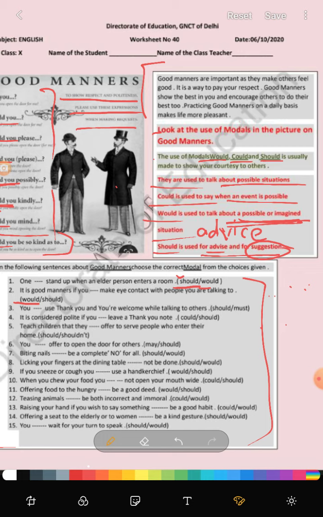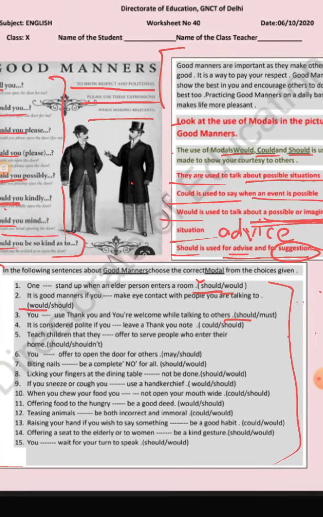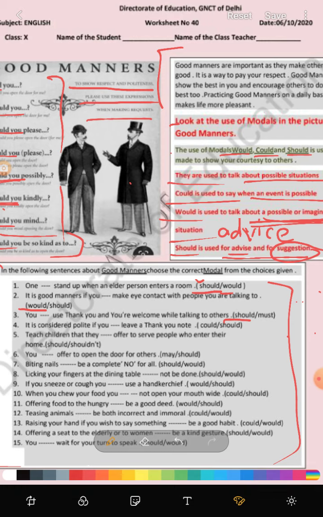So what should you use? You are giving advice that you should use thank you and you are welcome while talking to others. It is considered polite if you leave a welcome note. Again, you are talking about a possible thing.